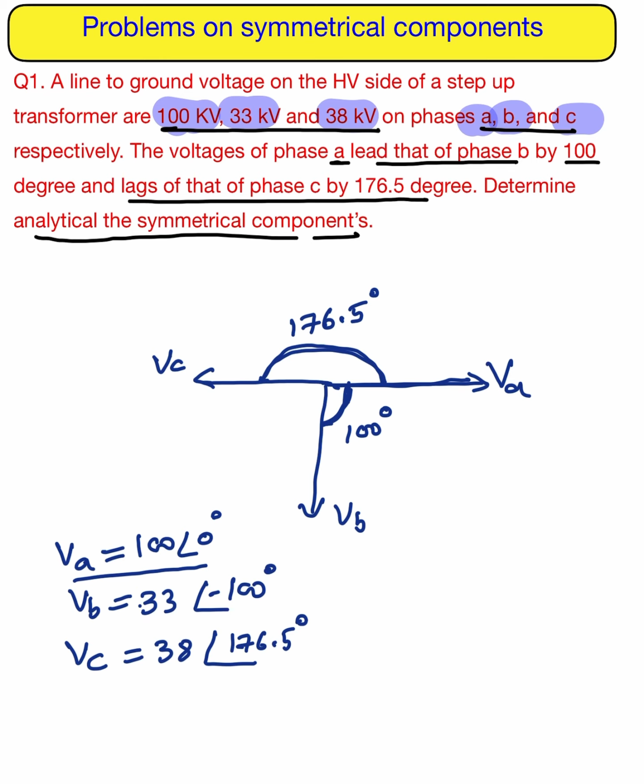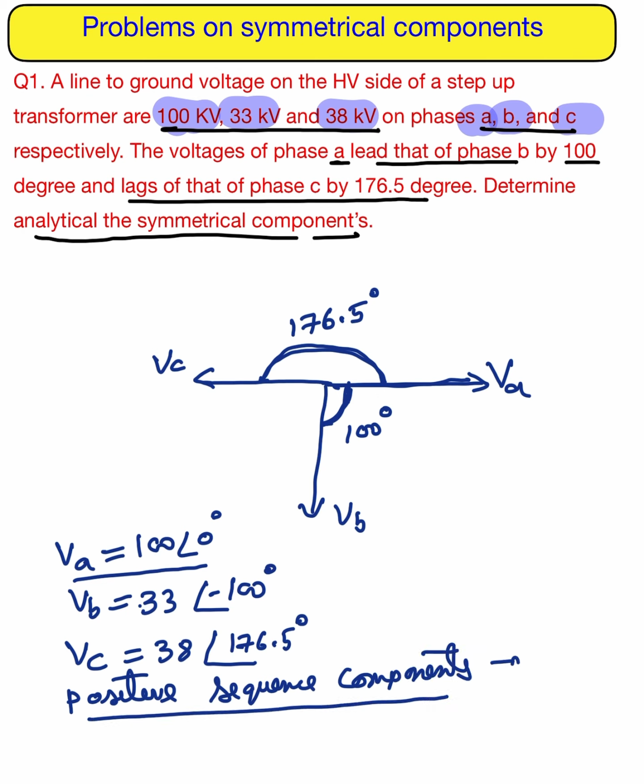Now we have to calculate the positive sequence component. The positive sequence component VA1 is equal to 1 upon 3 times VA plus alpha VB plus alpha square VC.